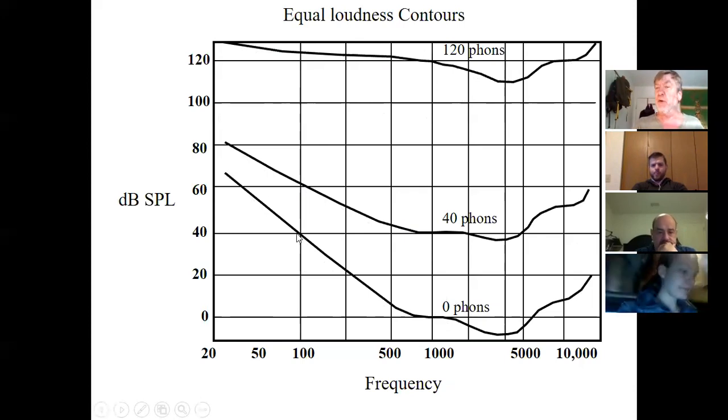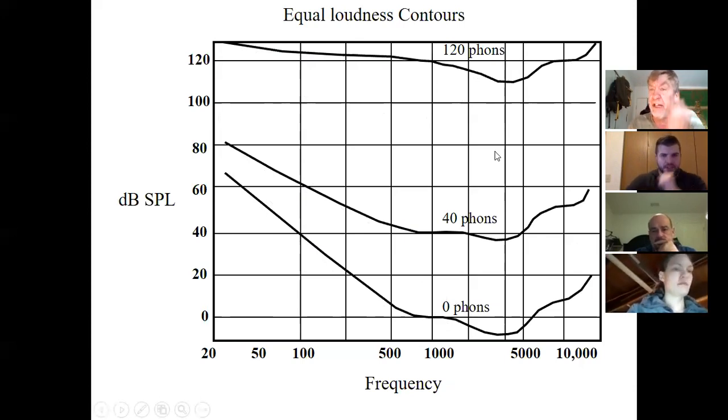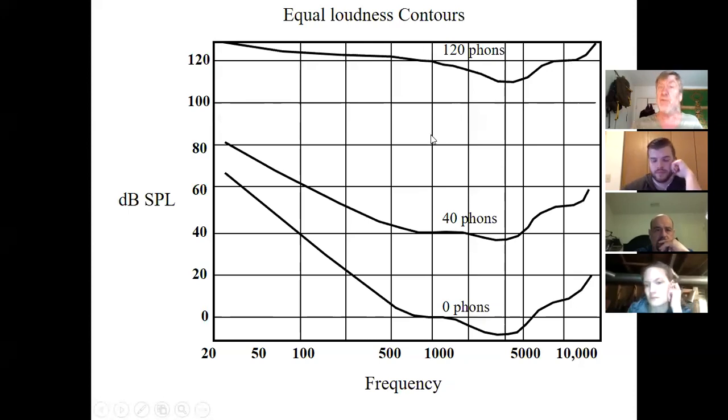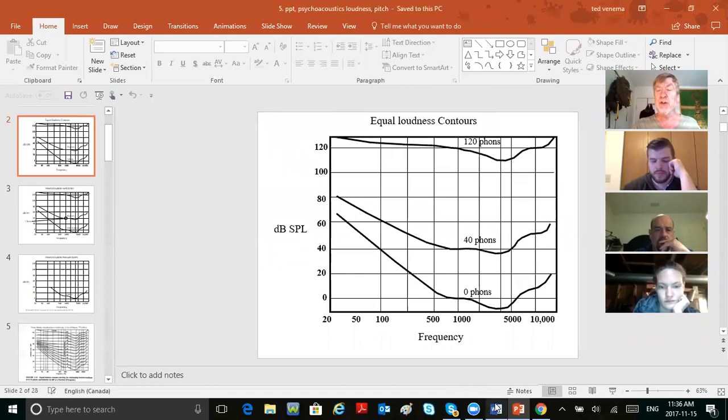I couldn't hear it till it was 40. And yet at about 125, it was too loud. Okay, so my dynamic range was 125 minus about 40. If you're looking at the same game at 1,000 hertz, I could hear it all the way down to 0, and I could hear it all the way up to 120 before it hurt. So my range was bigger there. Okay, weird.